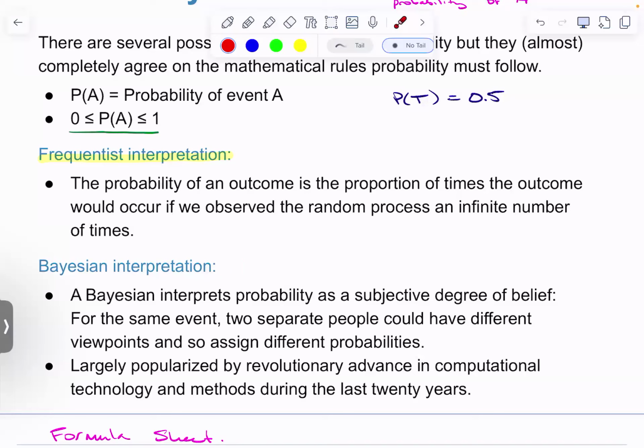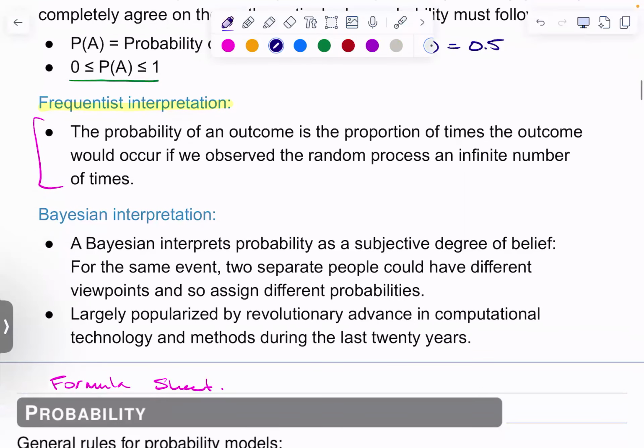It's the same concepts, just a different approach. And so for us, the probability of an outcome is the proportion of times the outcome would occur if we observe the random process an infinite number of times. Which usually equates to, however many outcomes you have, you just split the outcomes equally, unless you're told otherwise. So if you toss a coin, you have 2 outcomes, so you split that sample space of 1 into 2, 1 over 2. So the probability is 1/2.